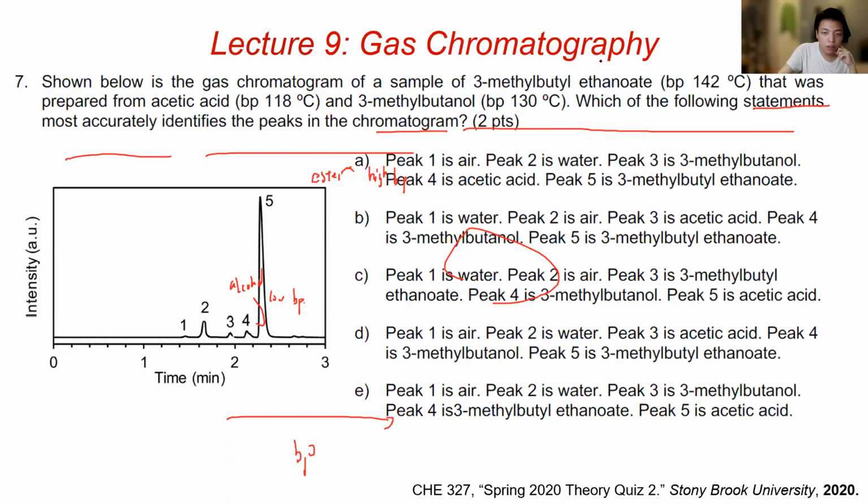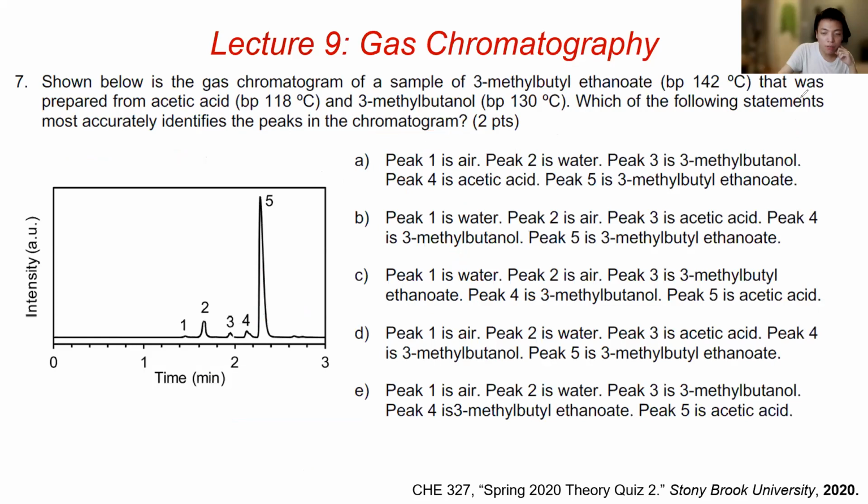And then we have another question. This is really wordy, and I'll point some of the stuff out, and you guys can work through it. Which of the following statements accurately identifies the peaks? So we have our ester, we have our acid and alcohol. Tell me which peak should be this.